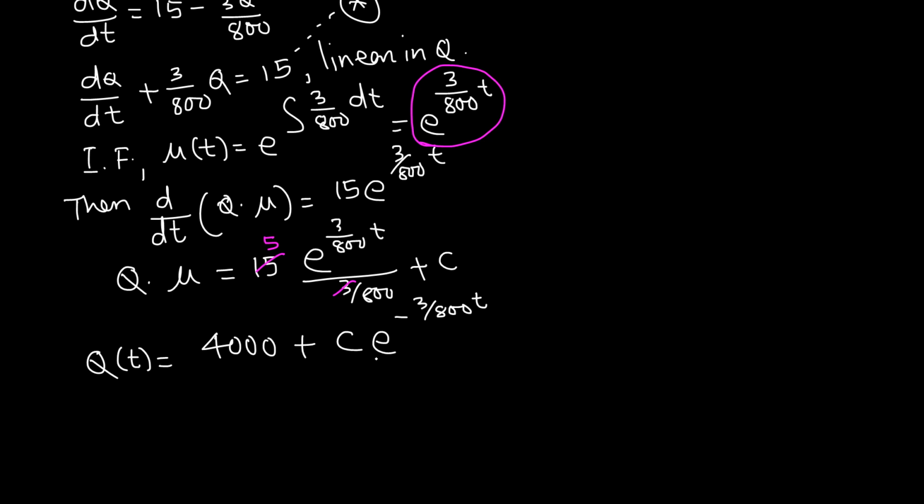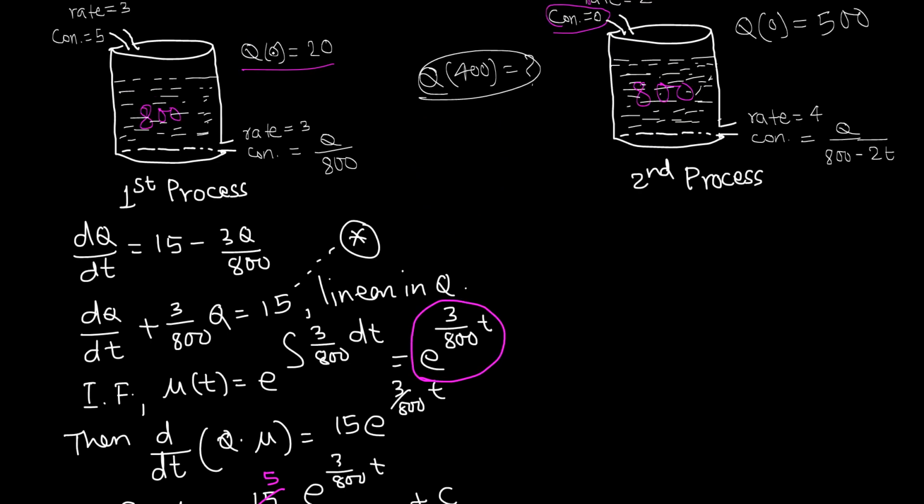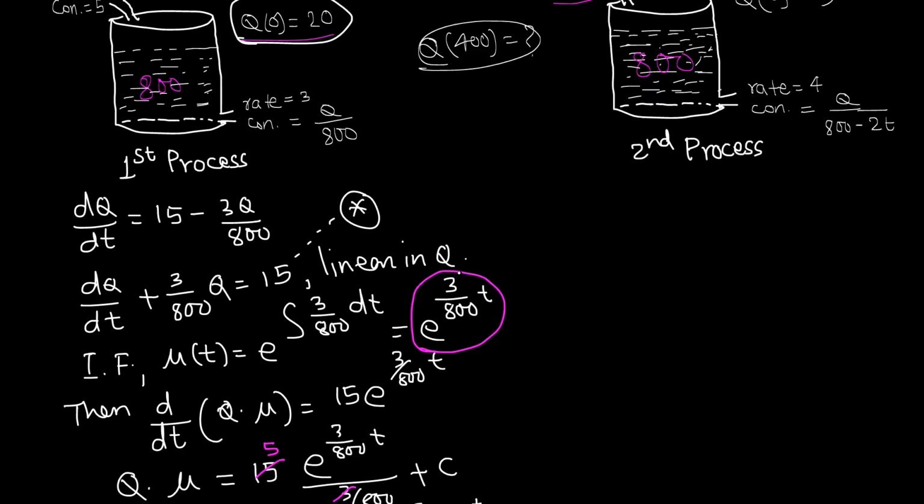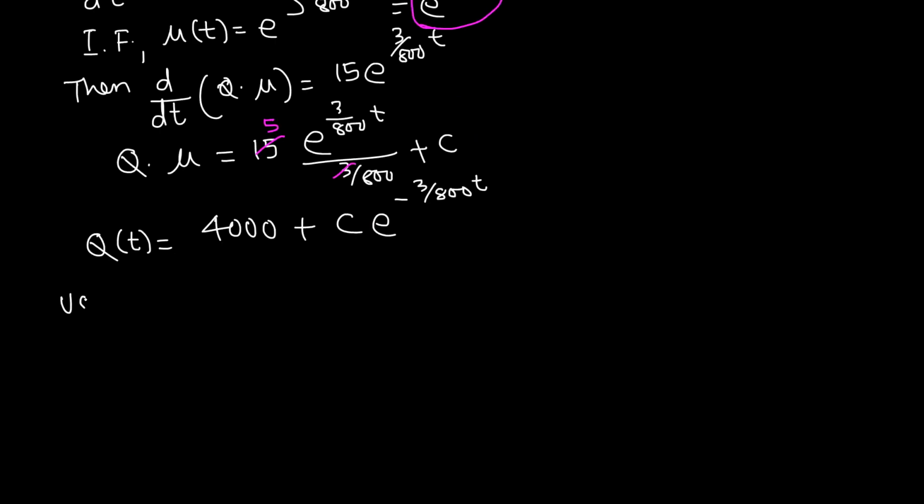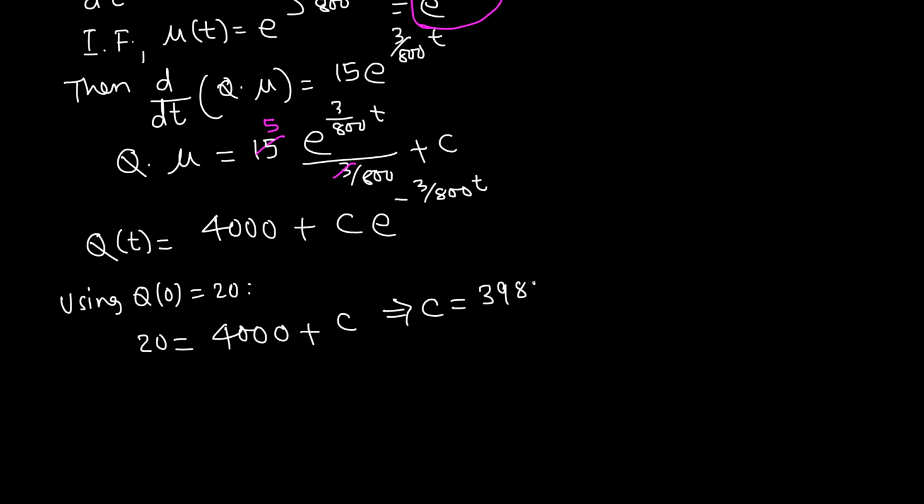Now we need to determine the constant. The initial amount of pollution is 20, so using Q0 equals 20: when t is 0, 4000 plus C e raised to 0, which is 1. Subtract 4000 from both sides, we get C equals 20 minus 4000, so negative 3980.